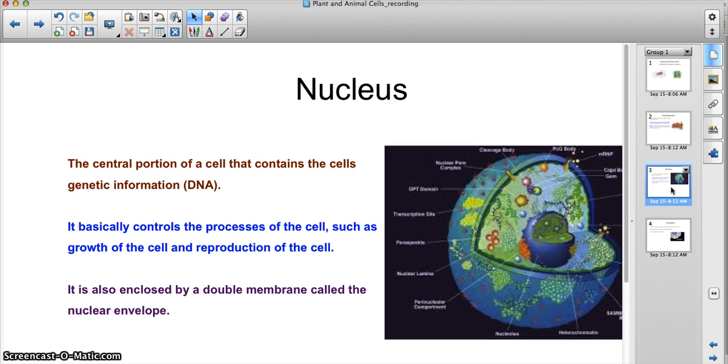Which means that the DNA, all your genetic information for every cell, is going to be inside that nucleus. And then it's covered with another double membrane called a nuclear envelope. Similar to what the cell membrane is to the cell, the nuclear envelope is that to the nucleus.